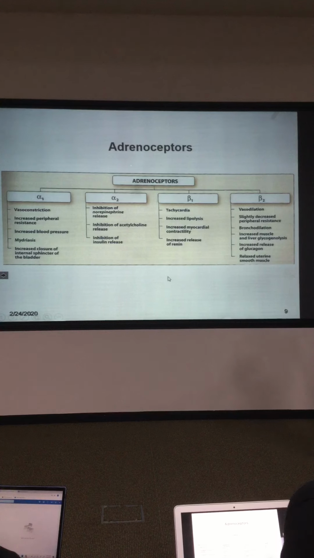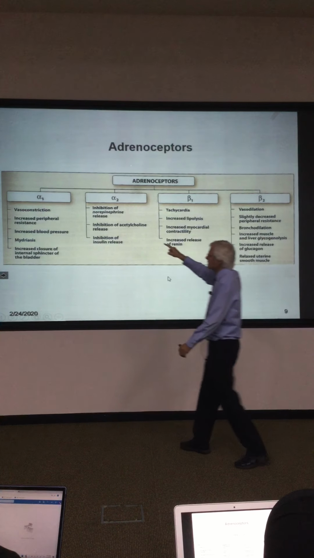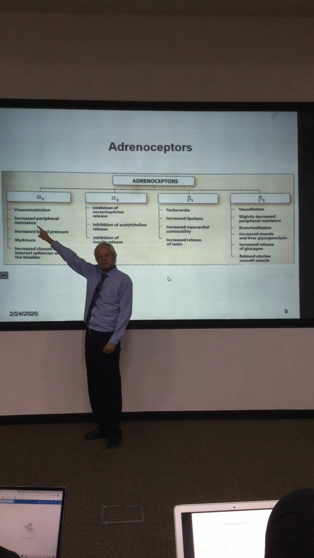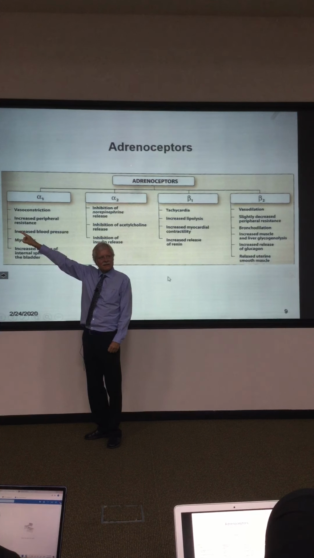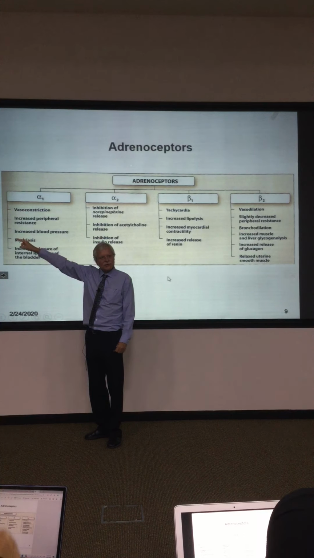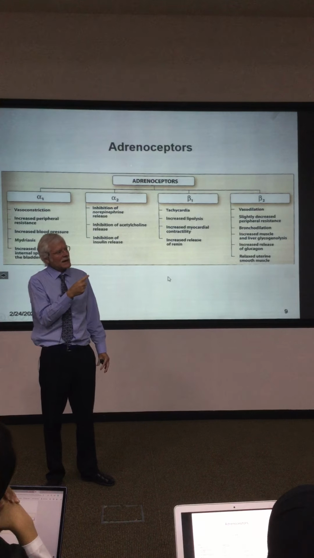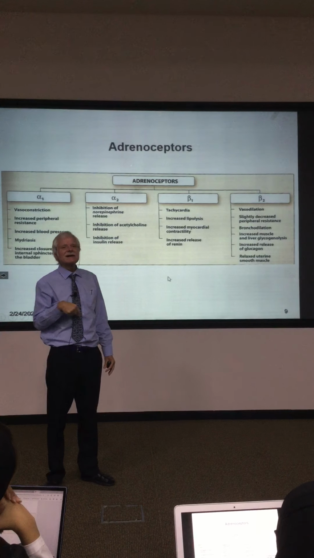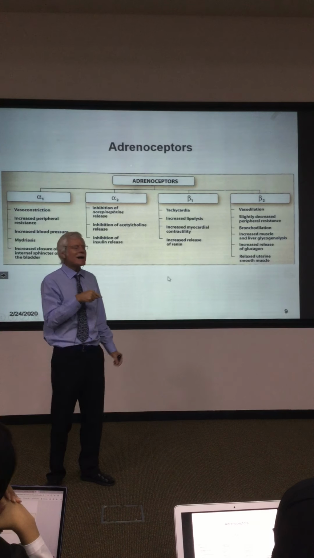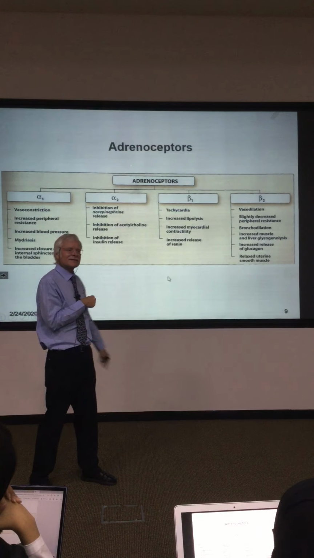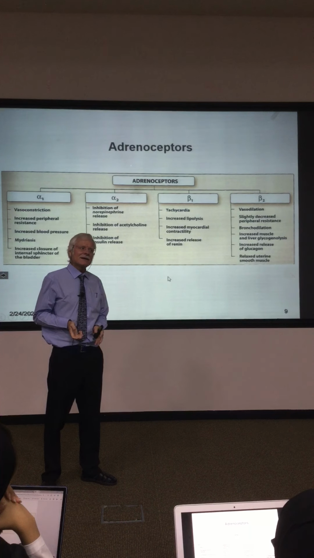Now, if we just look at a few characteristics, if we look at alpha 1, it produces vasoconstriction. So, you could speculate that when I run, I would want vasoconstriction in the gut. So maybe I have alpha 1 in the gut. Okay?